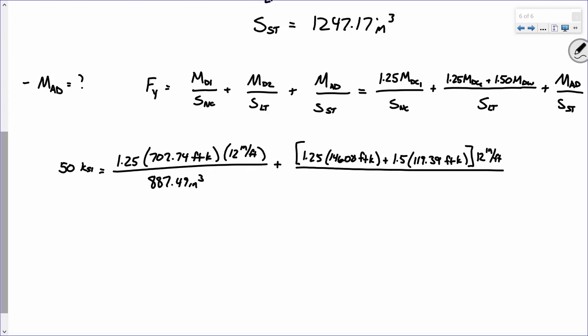And all that needs to be divided by, what was that, 1159? And then we also have to add whatever our additional moment is, which is what we're solving for, over 1247.